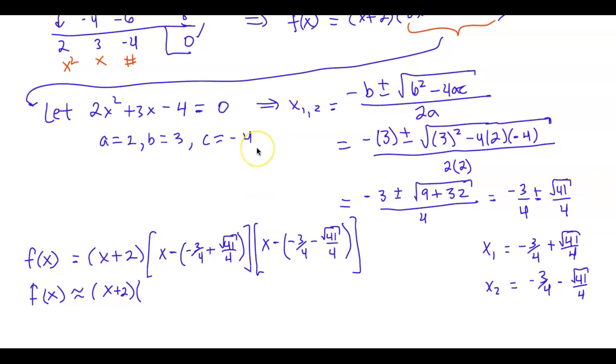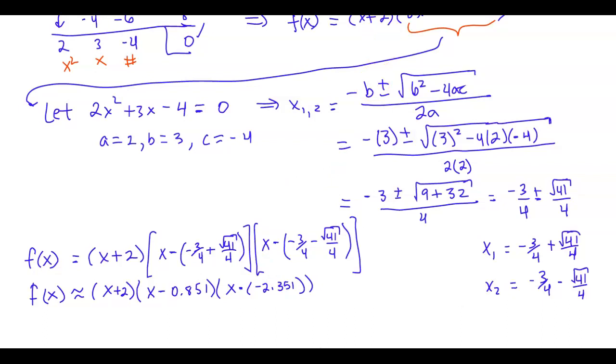So this will be approximately the same as x minus 0.851. And the second one here would be x minus negative 2.351. Okay, and of course this minus a negative would be the same as addition.